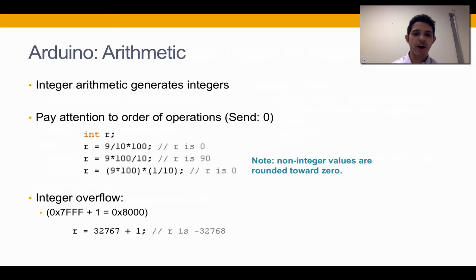Okay, we also need to be conscious of this issue of integer overflow. If we define an integer variable, then the maximum value that can be stored there is 32,767. If we add 1 to that, then what gets assigned to r is minus 32,768. So what is it doing?